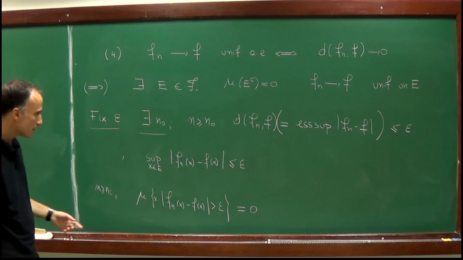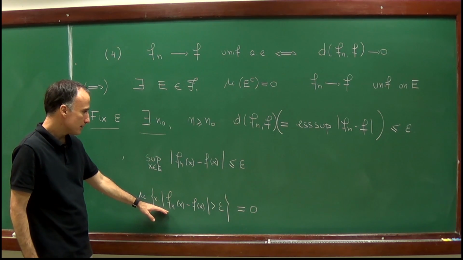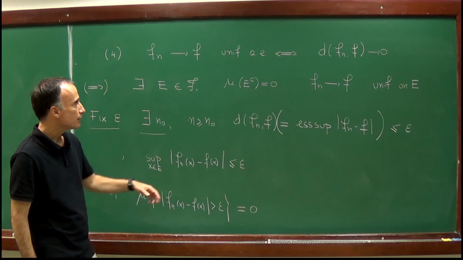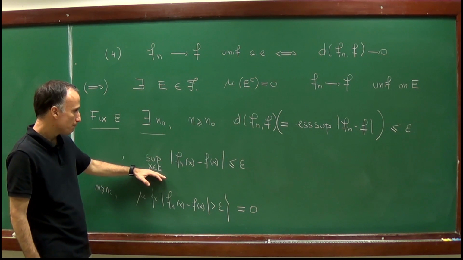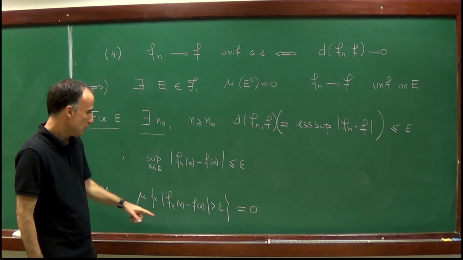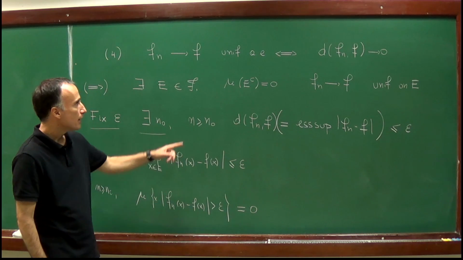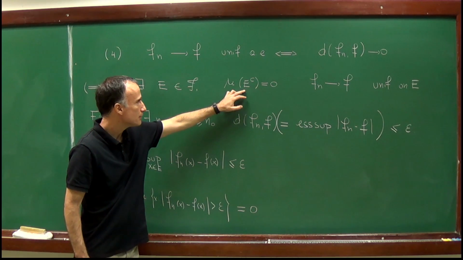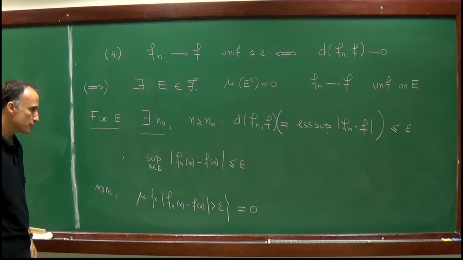So let me repeat. This set, I claim, is contained in E complement, because on the set E, this supremum is bounded by epsilon. Therefore, this set is contained in E complement. Since E complement has measure 0, this set also has measure 0.